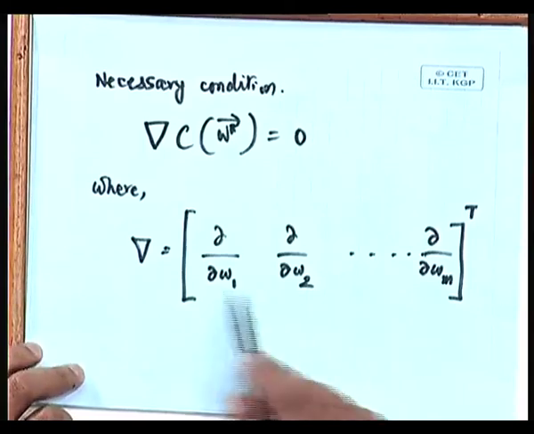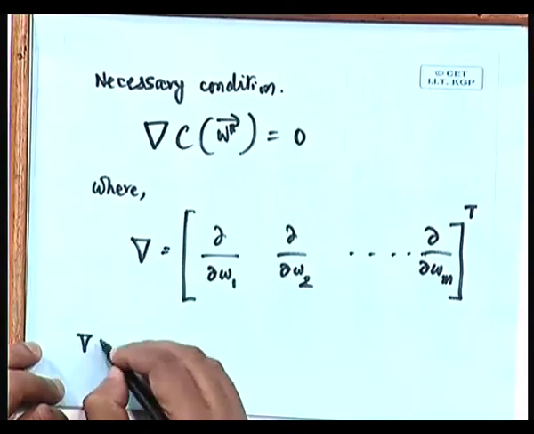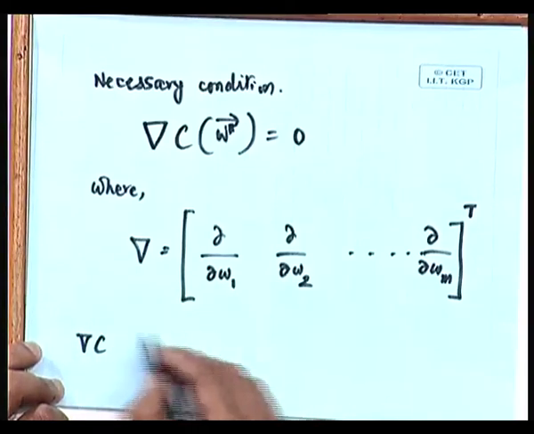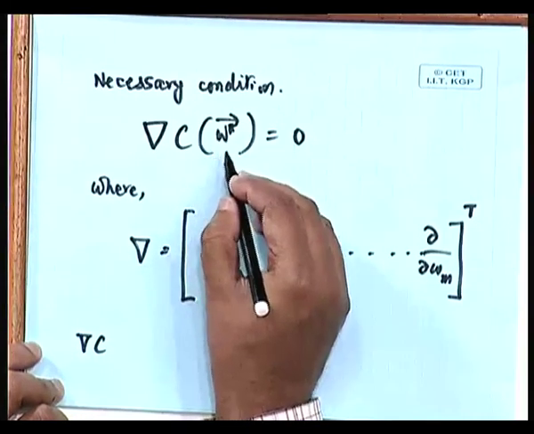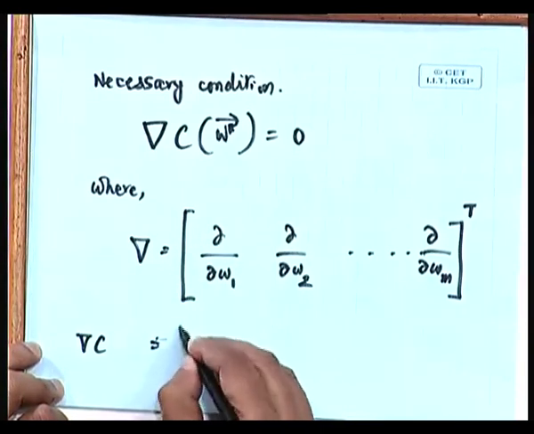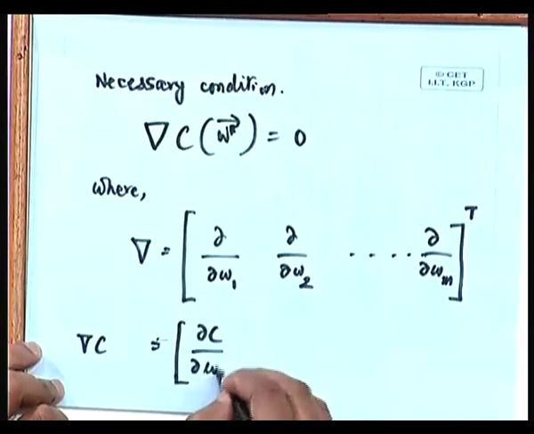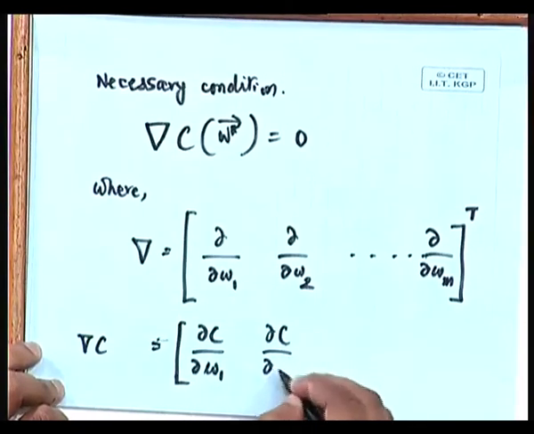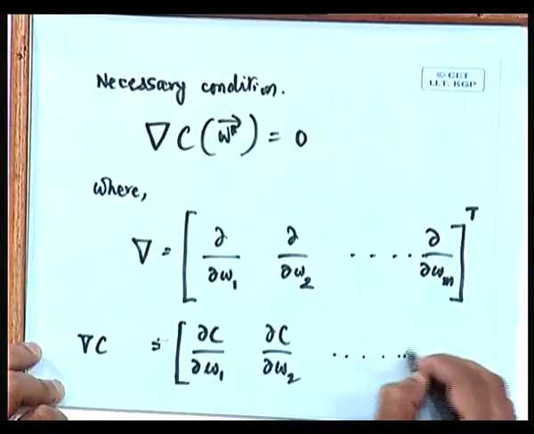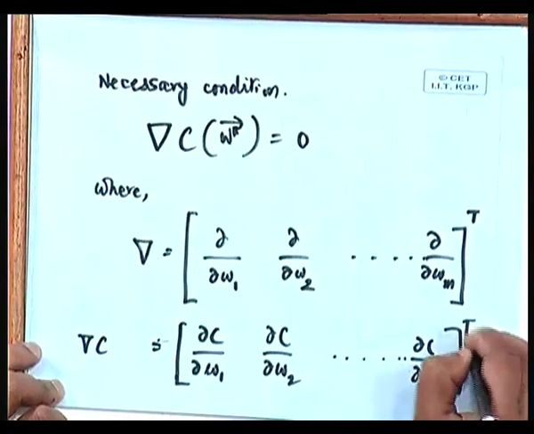So, this is the gradient operator. That means when we talk of grad C, I am just not writing this W every time, we are talking of grad C as this vector: dou C dou W1, dou C dou W2, up to dou C dou Wm, transpose.